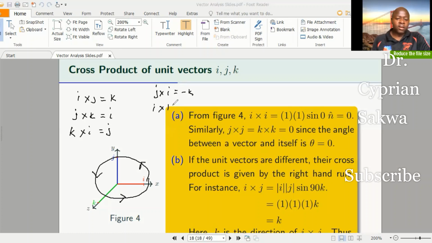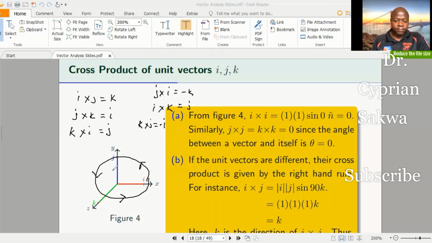I cross K should give us negative J and not J. What about K cross J? K cross J should give us negative I.